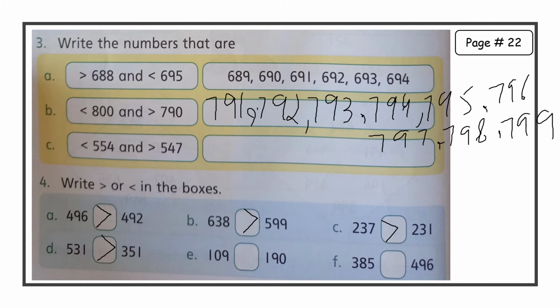Okay, now it's 109 and 190, so this one is less than this one, so we'll use the less than symbol. And the last one is left, 385 and 496. This one is less, so we'll use the less than symbol.